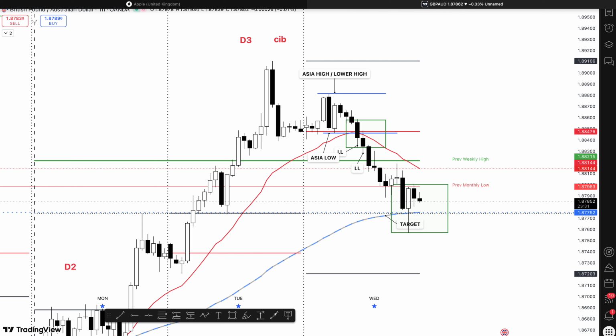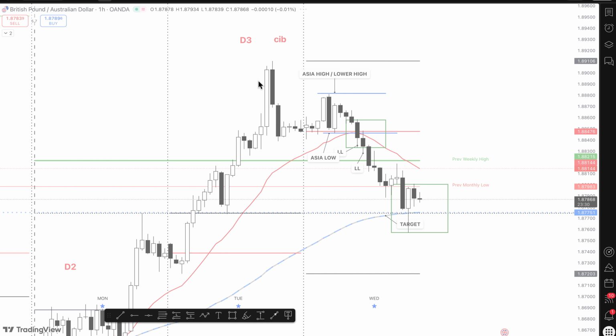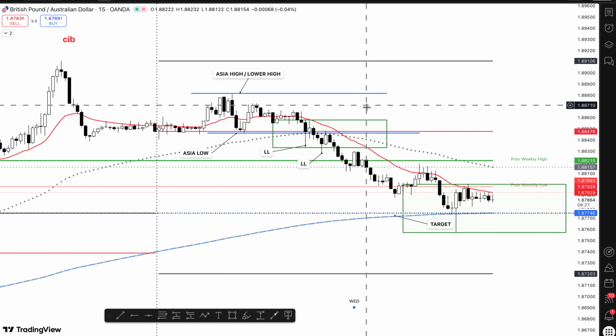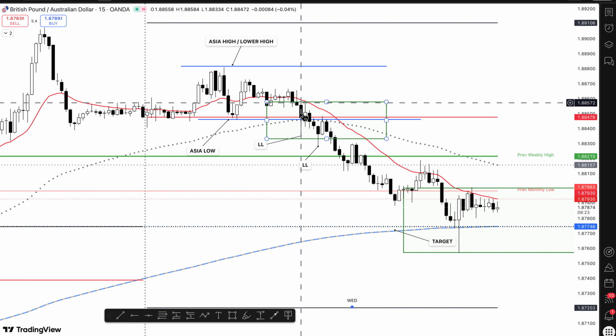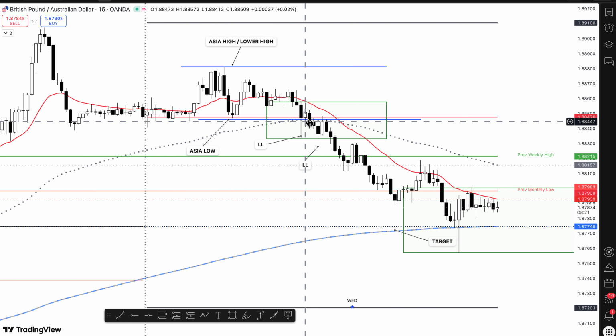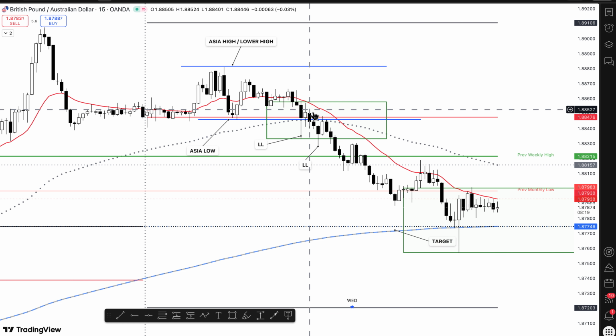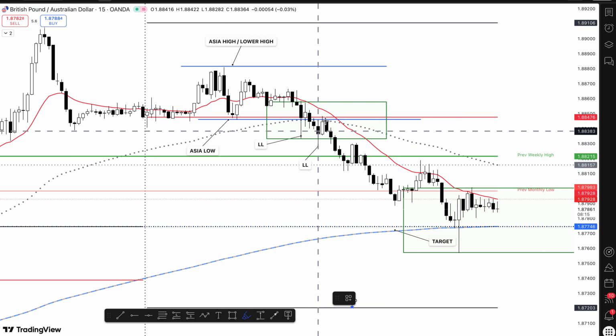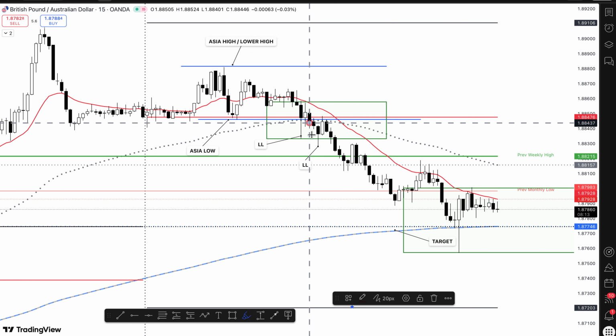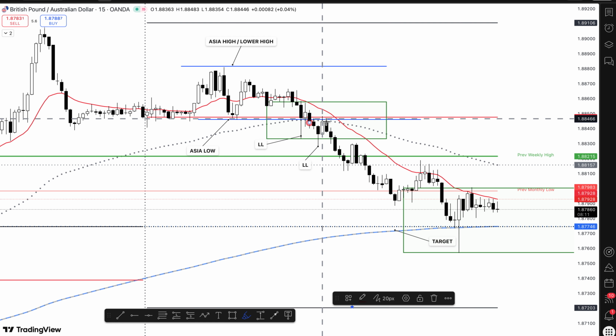Now, entry. When we talk about the entries on this market on the 15 minutes chart, you can see it after the lower low. Like I said, when they've made a lower low, wait for the pullback and wait for a bearish engulfment closing on its low. This is your entry. Wait for the pullback to be done.